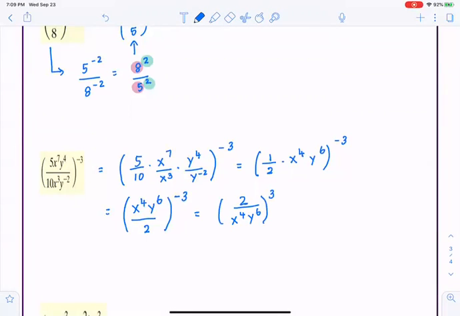And you can leave it as is, or you can apply the power to each term. So 2 cubed divided by x raised 4 raised 3, y raised 6 raised 3, which would give us 8 divided by x raised 12 and y raised 18.